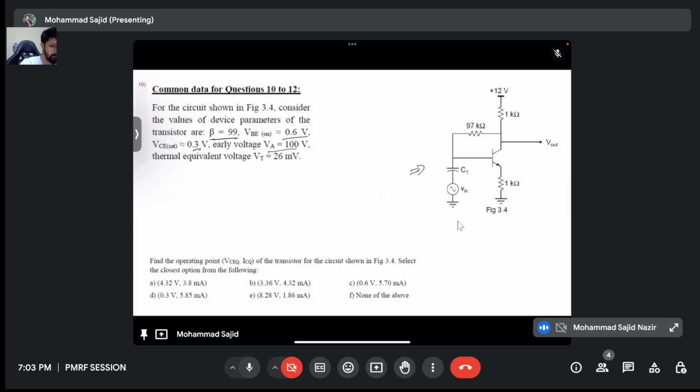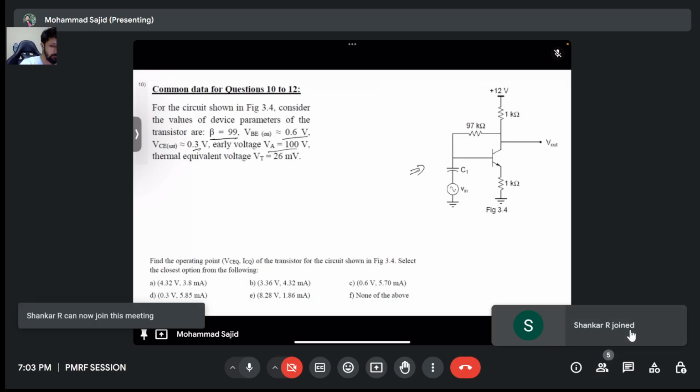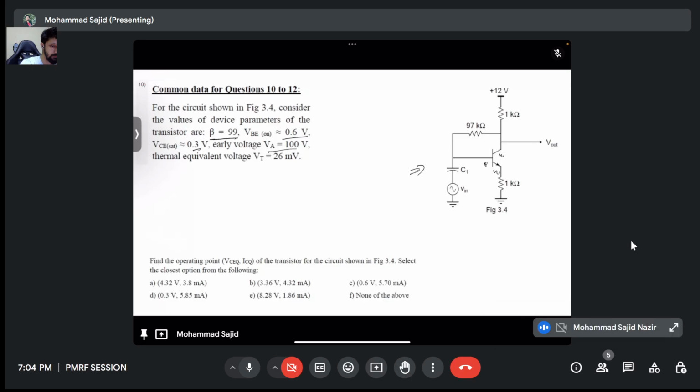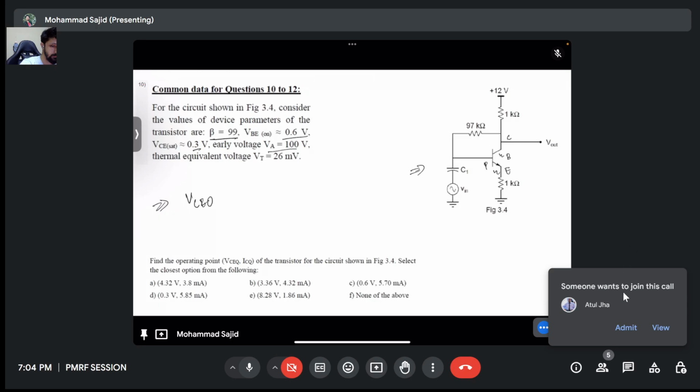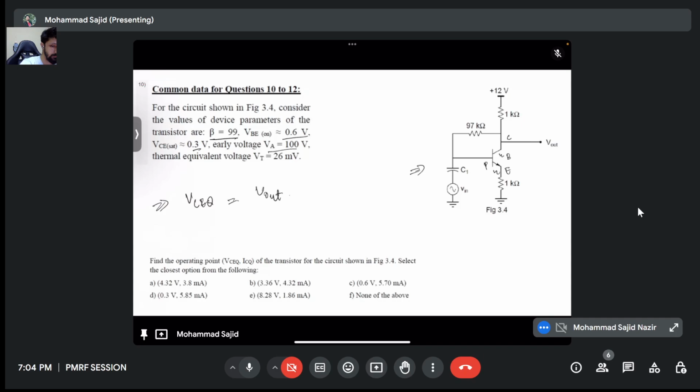So look at the circuit. This is what our circuit is. So again, this is an NPN. This is collector, base, emitter. So my VCEQ will be the output minus the emitter voltage.